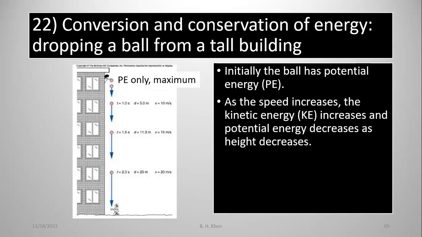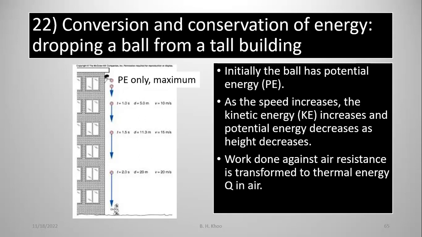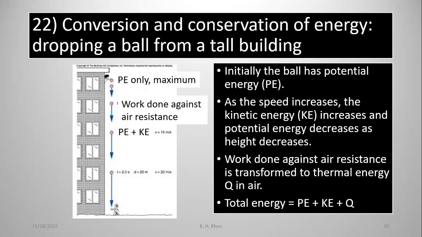As the speed increases, kinetic energy increases, and potential energy decreases as height decreases. Work done against air friction is transformed to thermal energy, Q, in the air. So at any time, you should be able to write total energy is potential energy at a particular height plus kinetic energy at that height plus Q. That's usually heat energy.